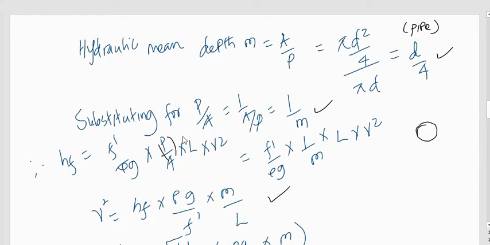So substituting this value in hf, the head loss due to friction, would give you f' divided by ρg times 1 over m times L times v squared. Therefore, if I make v the subject of the formula, v² is equal to hf times ρg over f' times m divided by L.